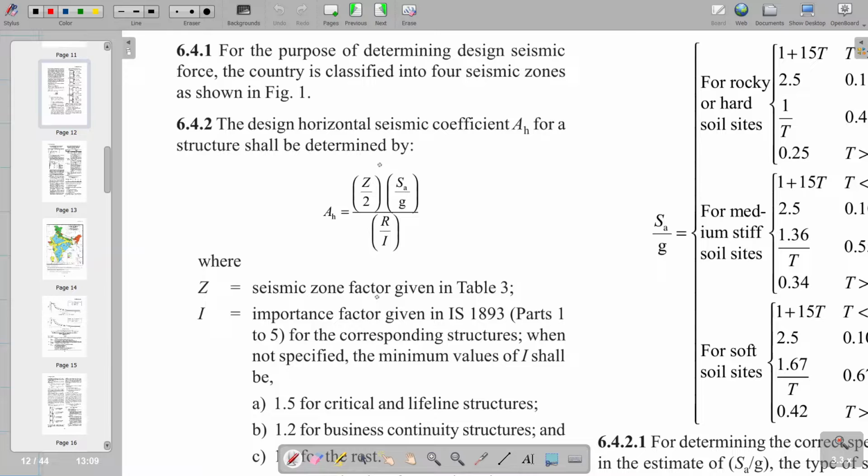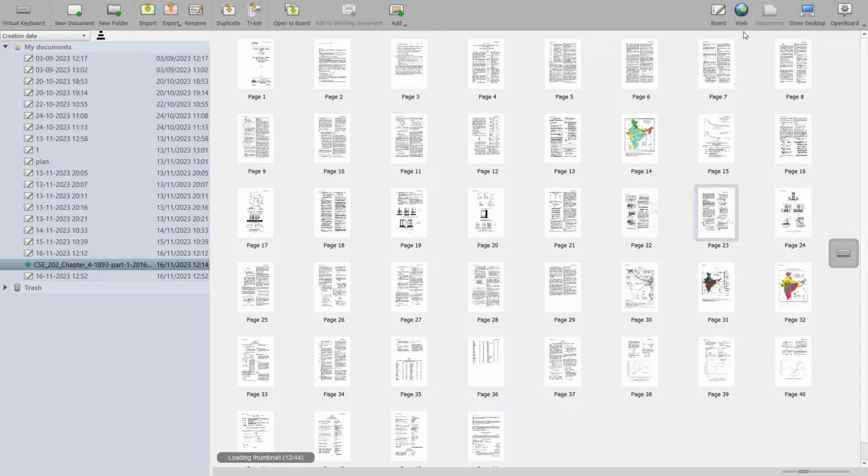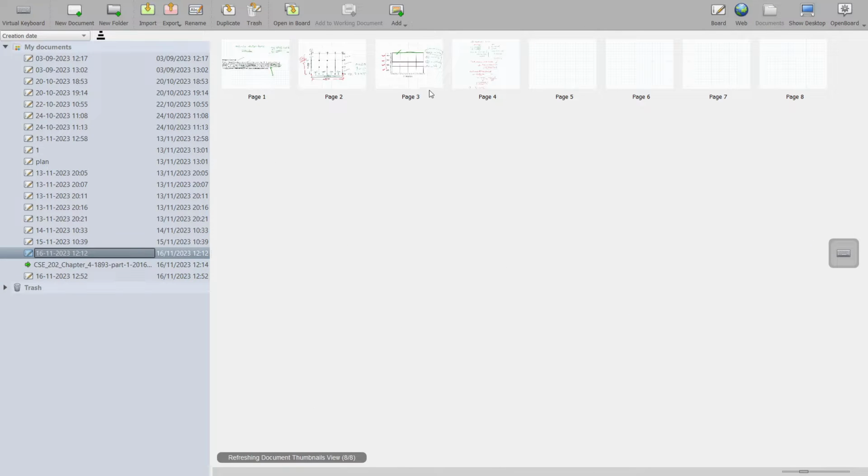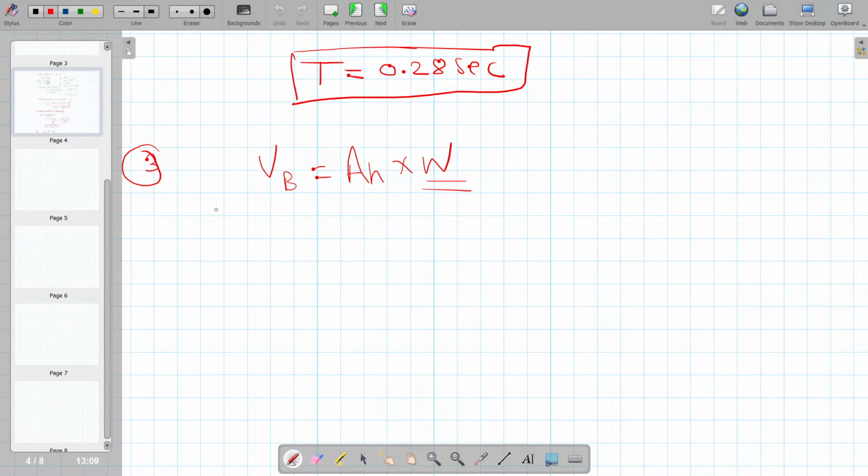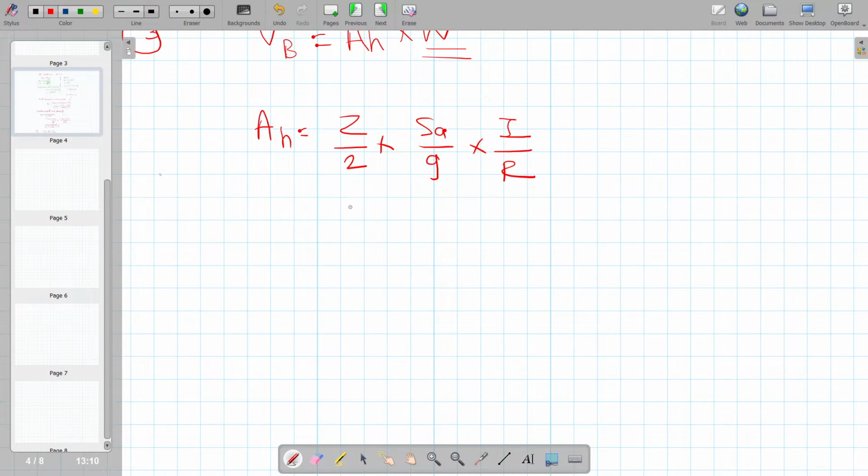AH is equal to Z by 2 into SA by G into R upon I, or you can write Z by 2 into SA by G into I by R. Okay, so let's go back to the calculation page. Okay, now we know that AH is equal to Z by 2 into SA by G into I by R. So let's calculate one by one. Okay, this is very simple.